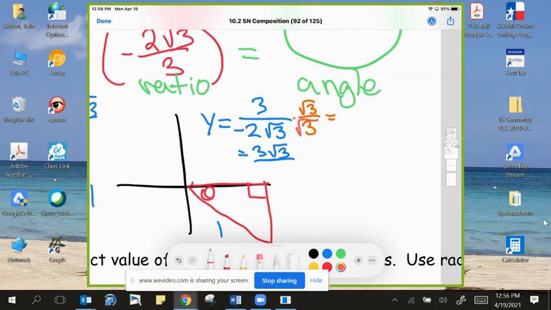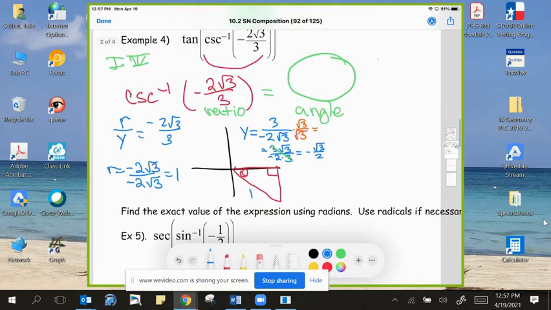There is a root on the bottom there. Negative 2 times root 3 gives us a 3. Those 3's divide off, and that y value is negative root 3 over 2. Does that look a lot more normal now? It took a little bit to get there.